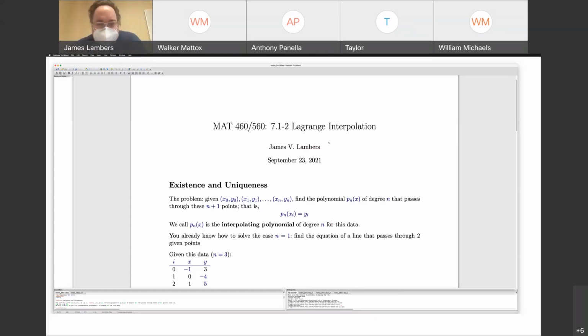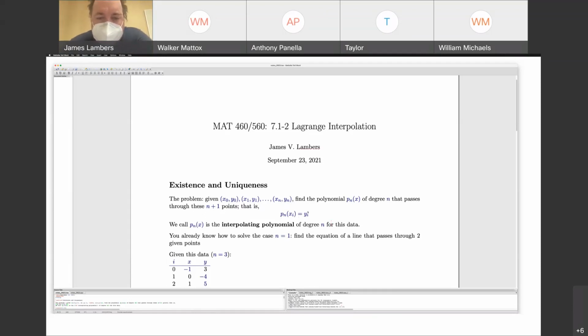So in general, if you have n plus 1 points in the plane, denoted x0, y0, x1, y1, etc., find a polynomial of degree n. So however many points you have, the polynomial is of degree 1 less than that, and it passes through those points. In other words, when you substitute any of these x values into this polynomial, you will get the corresponding y value.